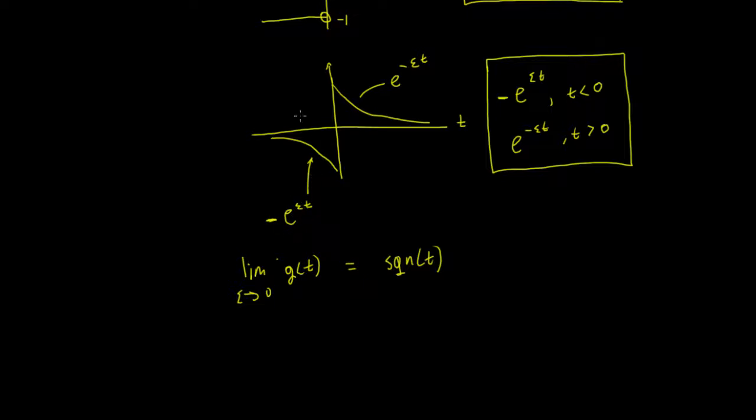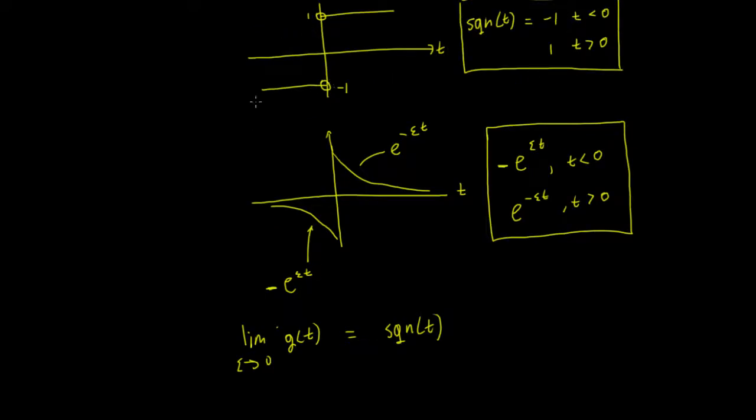So that will tend towards this minus 1 here. So if we take that limit of this function here, which we call g of t, it will give us the signal function here.